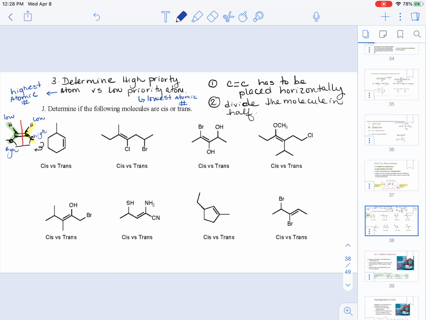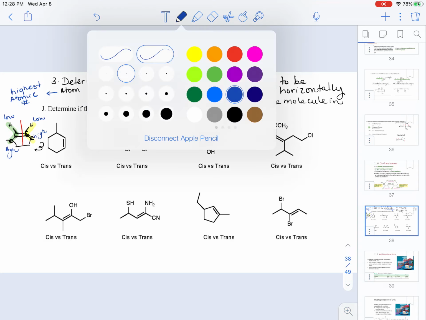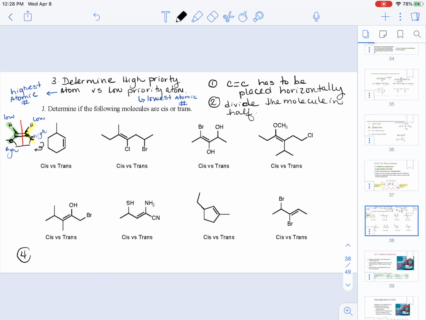So what that means is that when we now look at the molecule, the fourth and last step is to look at the molecule from left to right.